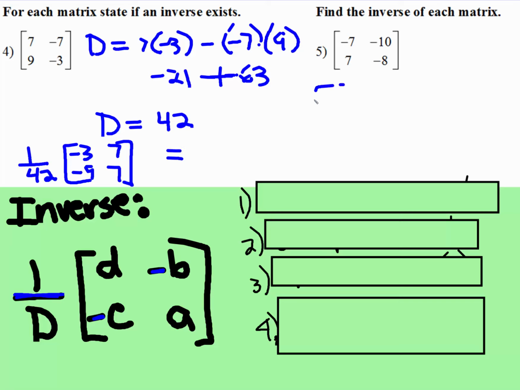And I'm going to make this a bit bigger. And I'm going to put the 4 spots. So -3 and 42 cancel.